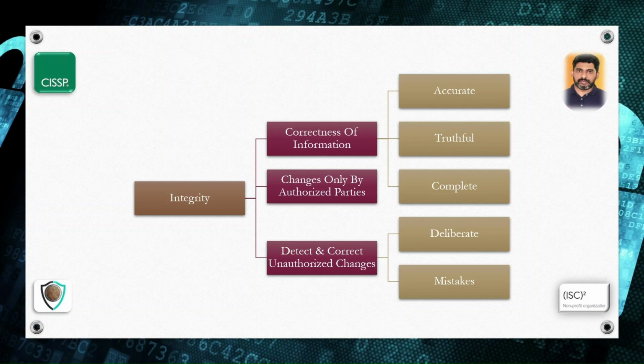If I have 1000 dirhams in my account, and if the bank statement says I have 1100 dirhams, then that statement is not truthful. It does not reflect the actual reality of how much actual money I have in my account. And this can be due to different reasons.